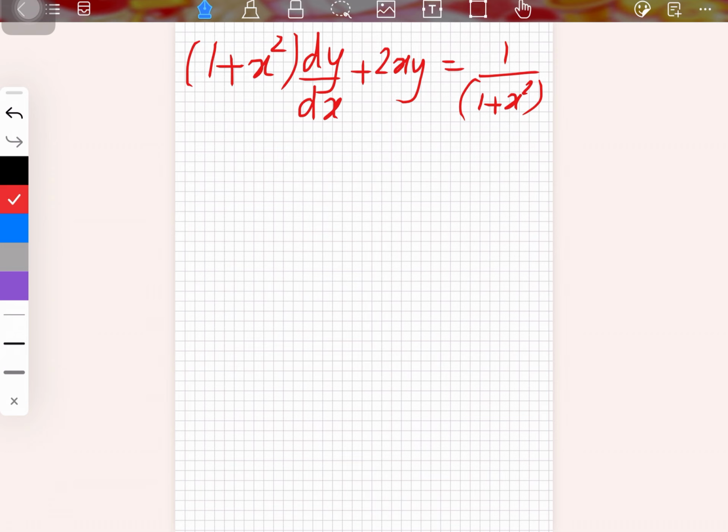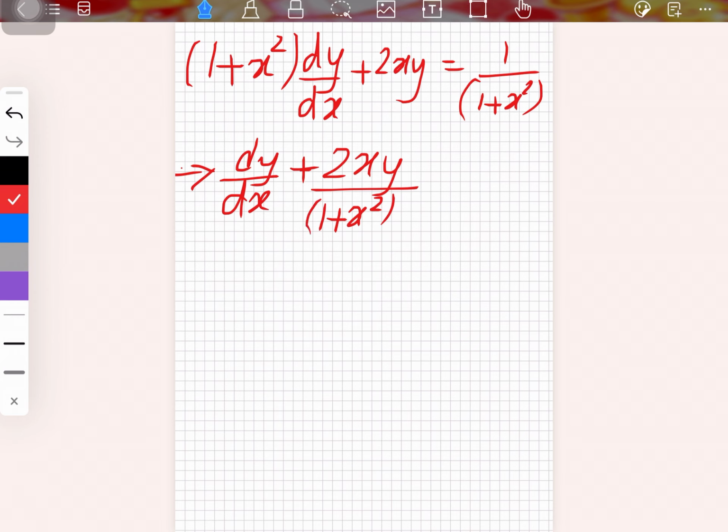We can divide both the sides with 1 plus x square, and that way what we will get is dy over dx plus 2xy over 1 plus x square is equal to 1 over 1 plus x square.